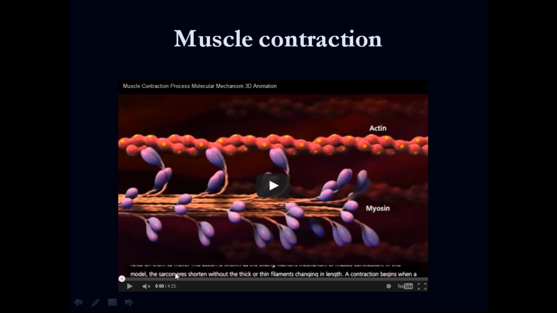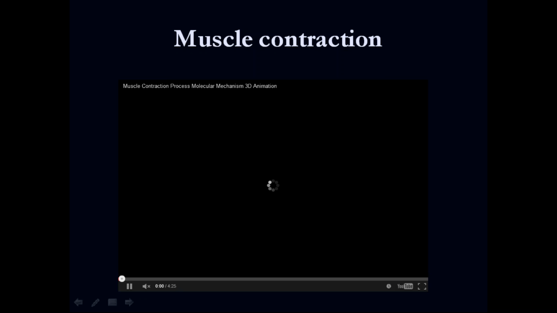All right, so let's talk about the muscle contraction. Okay, talking about the muscle contraction, please, I want you to observe, just helping me here. I cannot wait longer. Hopefully it's going to be fast. Please just give me a few seconds.